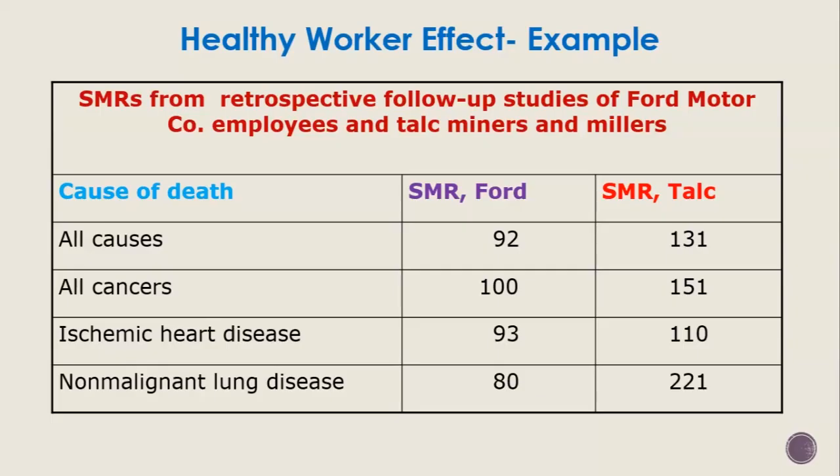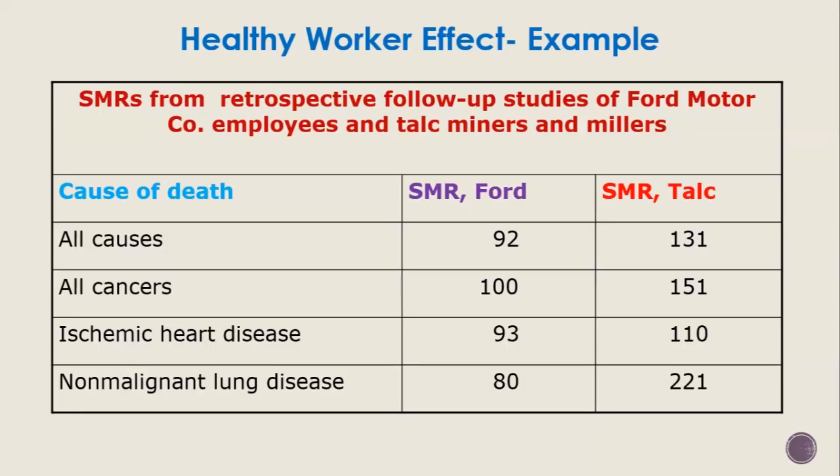So clearly, the situation is worse at talc because for every cause of death, the mortality rate in workers is much higher than in the general population. It is 31%, 51%, 10%, and 121% respectively. All right. So you can get information on the standardized mortality ratio, which, as I said before, is a comparison of the mortality rate in an occupational group to that in the general population.